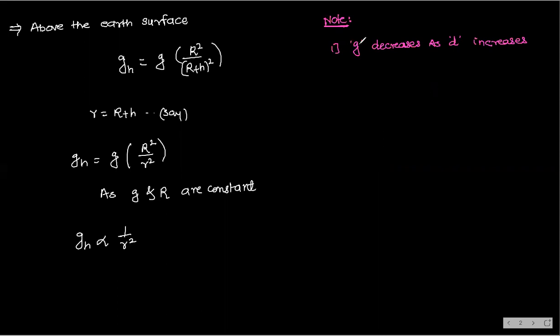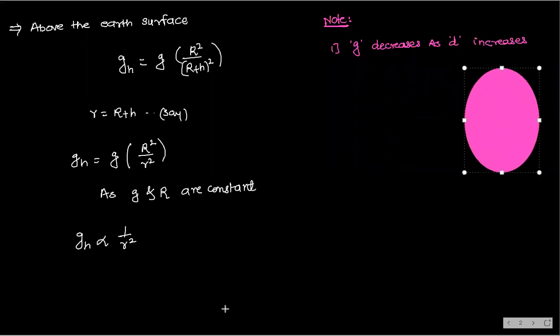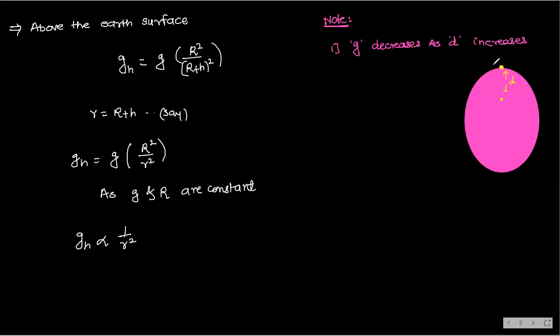Shall I tell you one example if you did not understand? So those who did not understand, listen here. This is the surface. And now you are going inside the earth, somewhere here. This is at depth D. So here you are having more gravity. Here you are having less gravity.